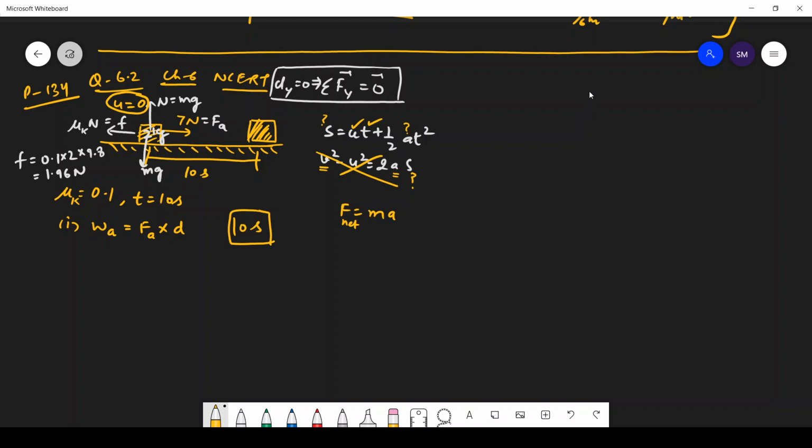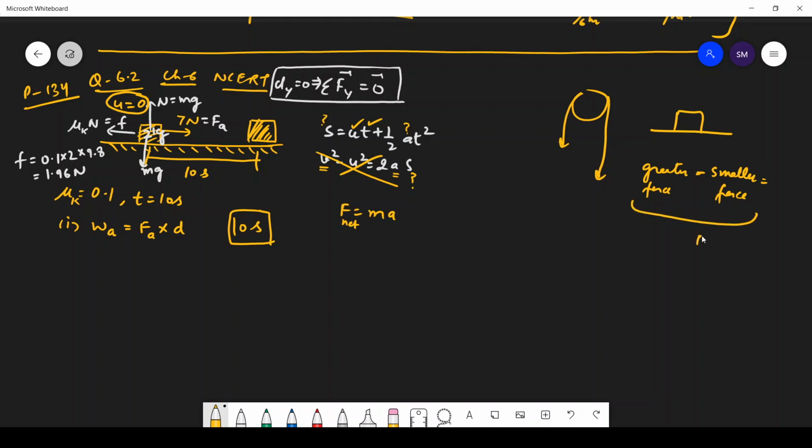So always when we have questions of pulleys, when we have this kind of question, always you have to do one thing: greater force minus smaller force. That is your net force, F net. Greater force minus smaller force is equal to, obviously, the acceleration will be in the direction of greater force.